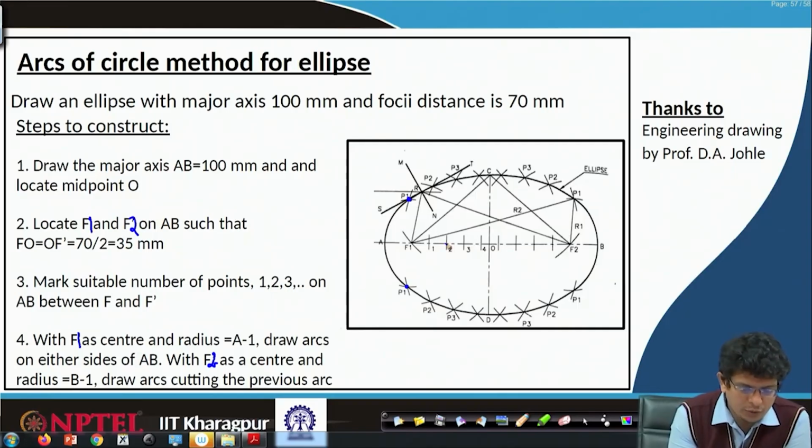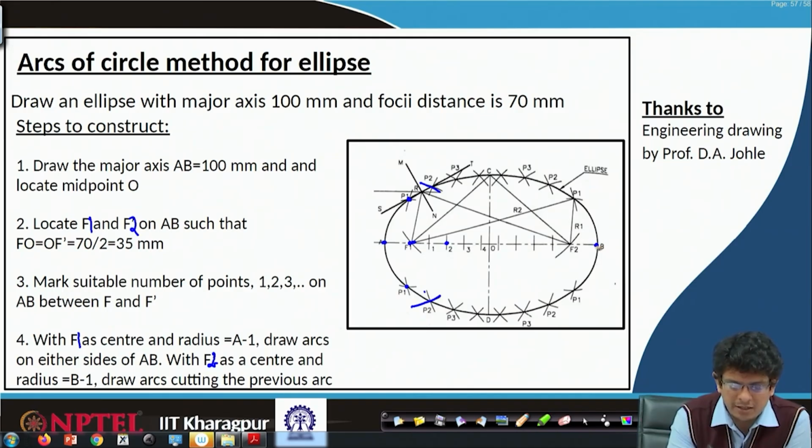Now, if we are moving to the second point, to construct P2, what we have to do is take the distance from A to 2, whatever the distance, use that distance with center F1, and make an arc on either side.